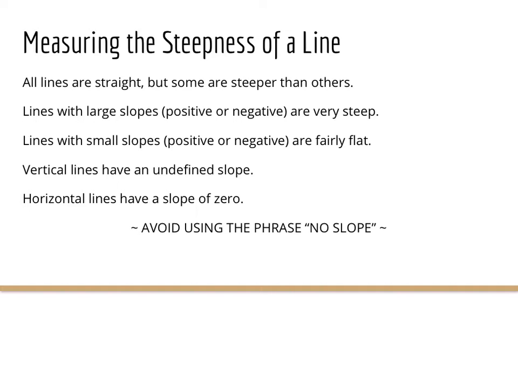It's a little ambiguous, so I really just try to avoid using it, although on your homework, the textbook actually uses the phrase "no slope," and it means undefined. It's talking about a vertical line there. So just be aware of that. But in general, we won't say no slope. We'll say 0 or undefined, whether it's a horizontal or a vertical line.